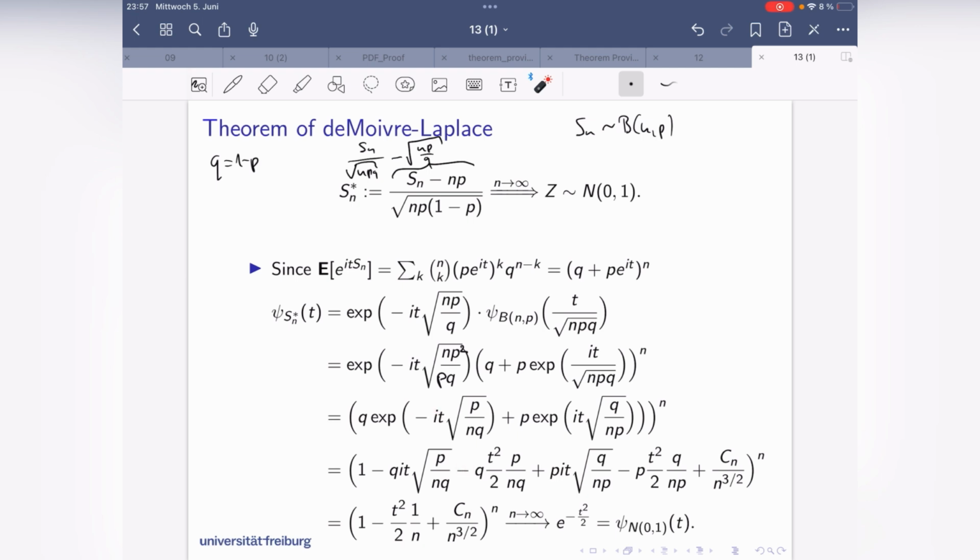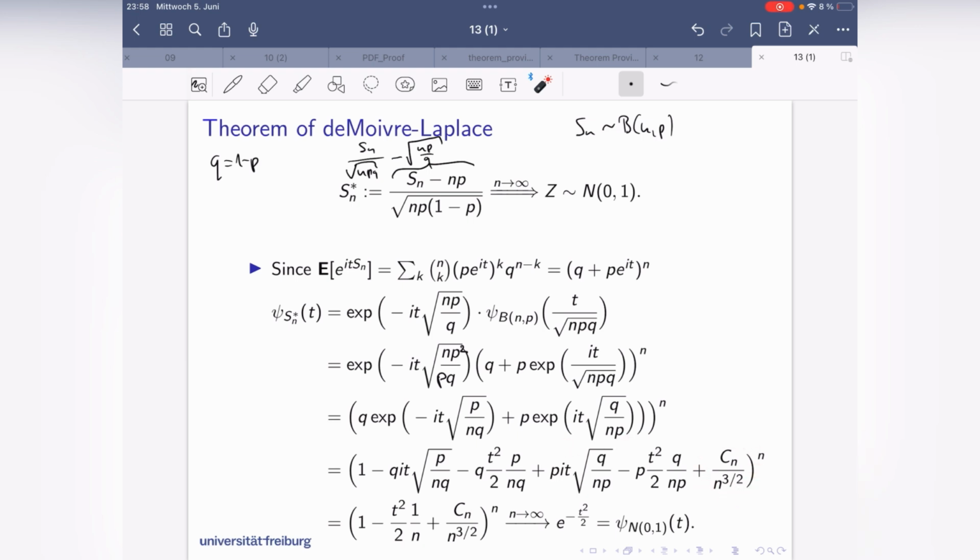Q I write down, t square, and the square root square is p over nq. That's this here. And the remaining term will be of order 1 over n to the power 3/2. And from here I get the pi times, well, it squared q divided by np, okay. And by squaring this I have a t squared half q divided by np, like so. And again, the remainder will be of the same order, which I can forget.